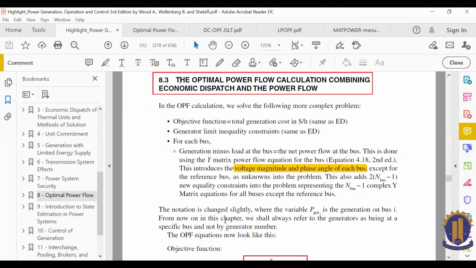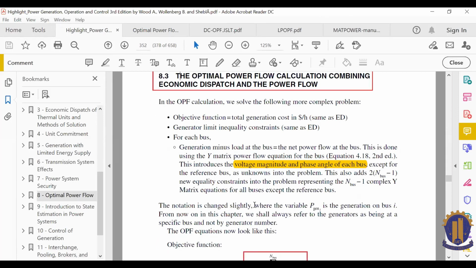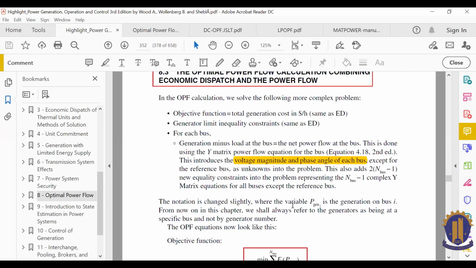The notation is changed slightly in OPF compared to ED. The variable P gen i is the generation at bus i. Previously, we only used the index j for the generation number, or power plant number, indicating which power plant it is.